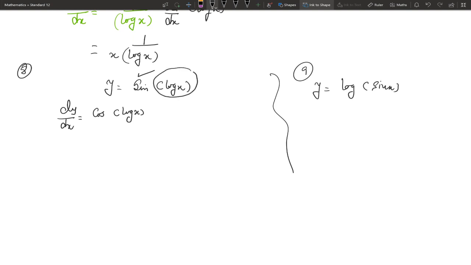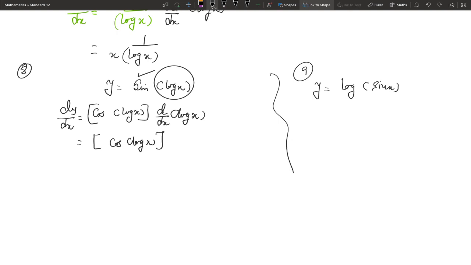Inside it is a function of x. So by chain rule d by dx of log x. Now this one is as it is, cos of log x, and d by dx of log x is 1 upon x. So this is the answer.